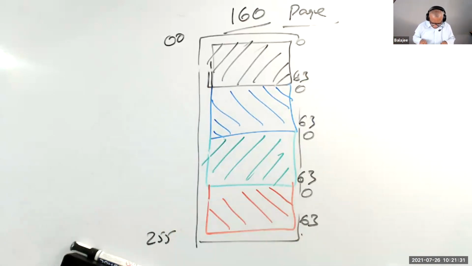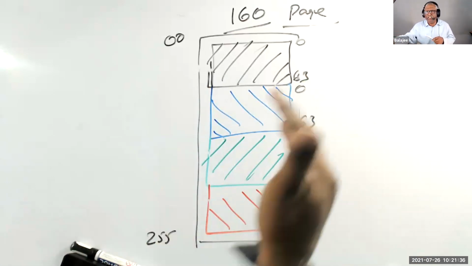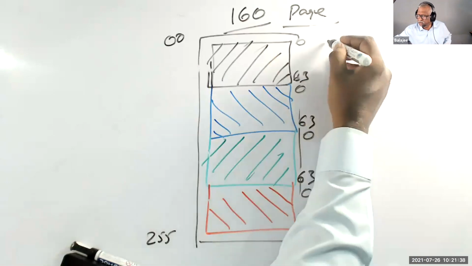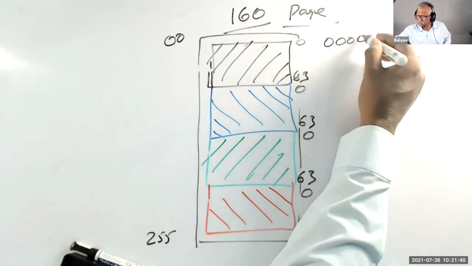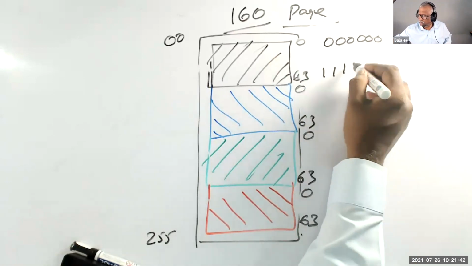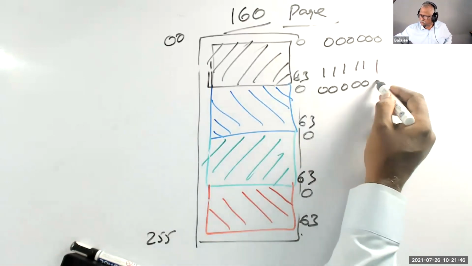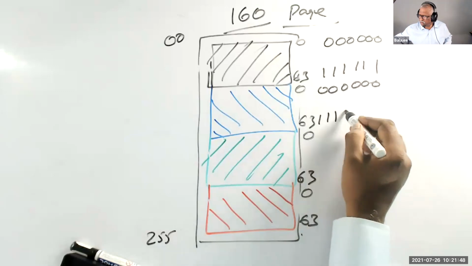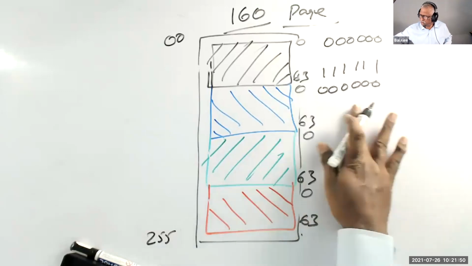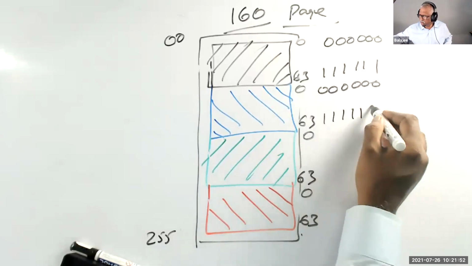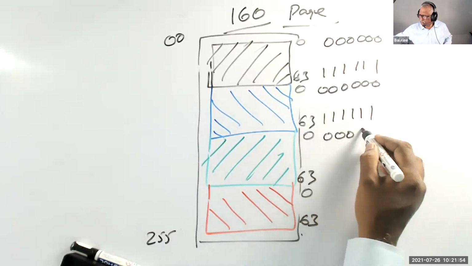Then I convert this to binary. This means 0, 0, 0, 1, 1, 1, 1, 1, 1, 0, 0, 0, 1, 1, 1, 1, 0, 0, 0.